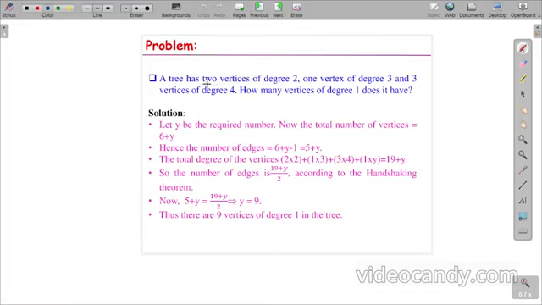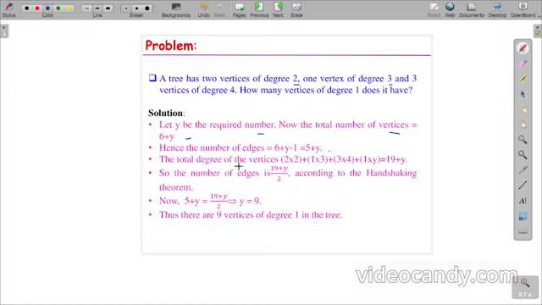Example: a tree has two vertices of degree 2, one vertex of degree 3 and three vertices of degree 4. How many vertices of degree 1 does it have? Solution: let y be the required number. Now the total number of vertices equals 6 plus y. Hence the number of edges equals 6 plus y minus 1, that is 5 plus y.